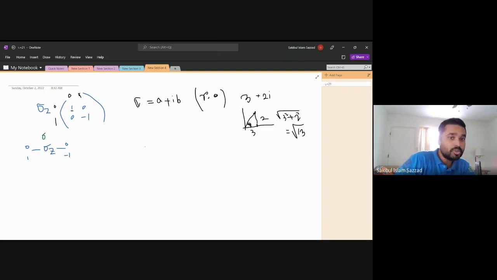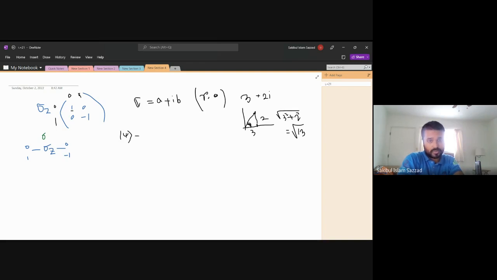So for qubit space, the ideal representation is, let's say I have a qubit state psi.